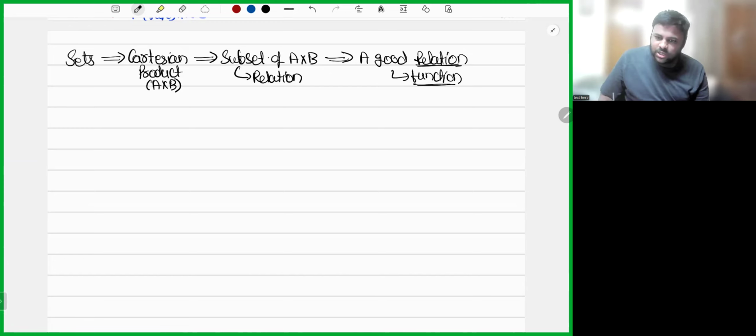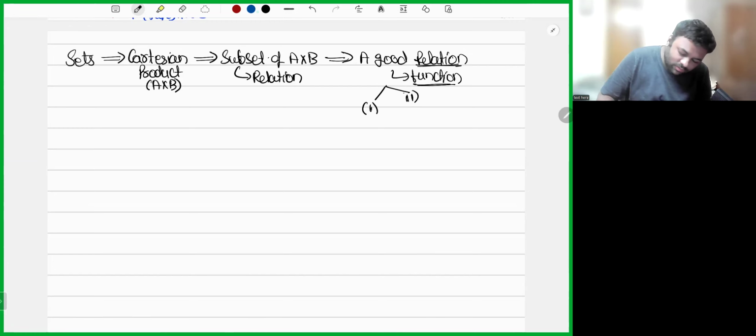If you want a relation to be transformed to a function, there are two conditions. Condition 1 says every element in the domain has a mapping.